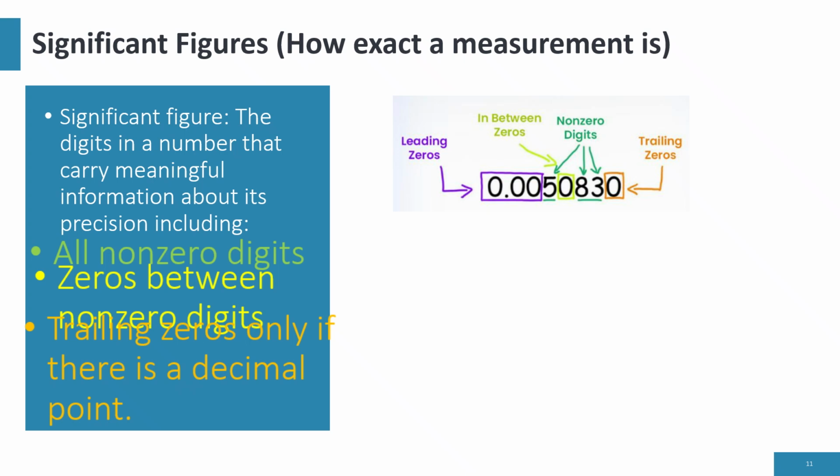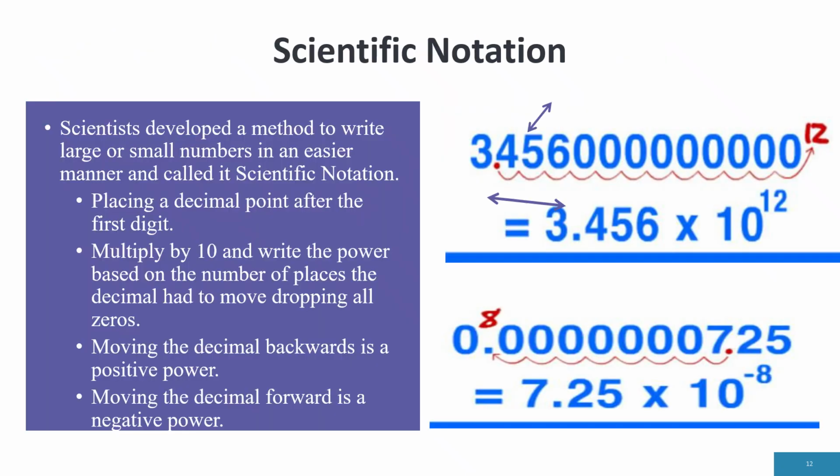And the ones that are trailing, or at the end, are going to be on the positive side, or times 10 to the power of a positive number. So we'll go ahead and take a look at some examples. As I said, scientific notation is a method that was developed by a scientist to make the numbers easier to read.